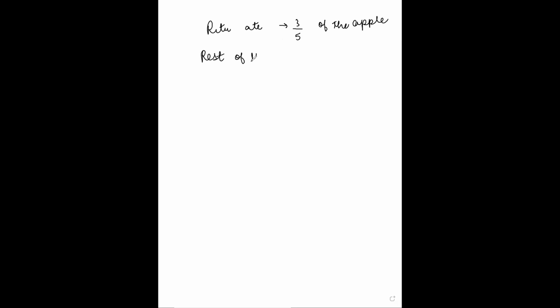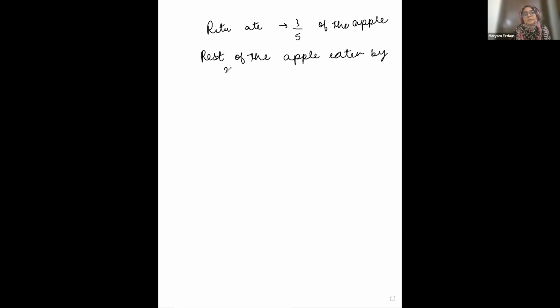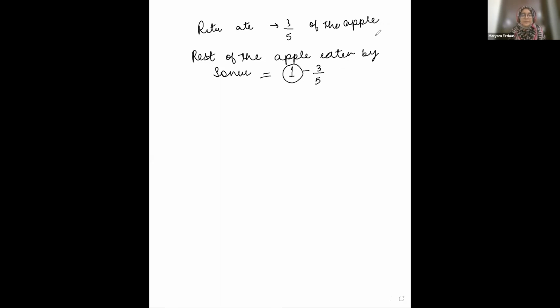Rest of the apple, that is the apple eaten by Somu, is equal to, you will say, 1 minus 3 by 5. Why 1? Because how many apples are there? There's just one apple, right? Yeah. So you will say 1 minus 3 by 5, because this denotes one apple.